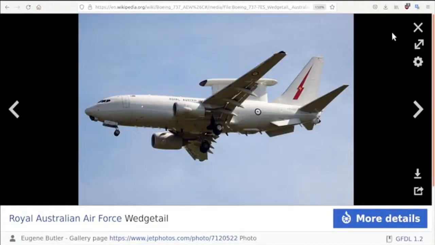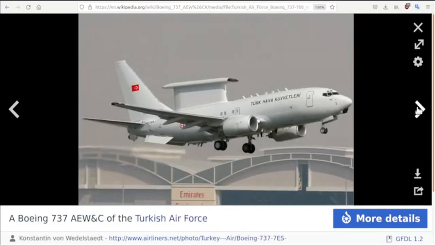Here she is. This is an Australian one, but you can see the antenna here has about a 7-degree nose down pitch of its own. And here's a Turkish one. It's kind of a better view of it.